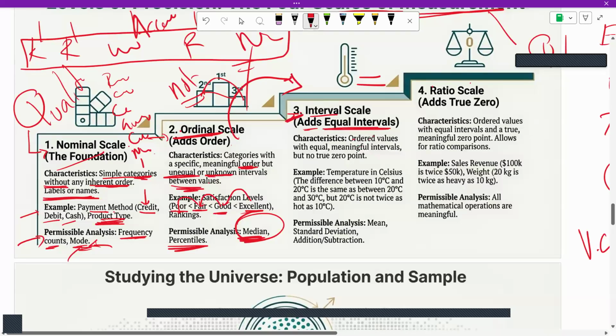Characteristics: ordered values with equal and meaningful intervals. But the point is, here there is no true 0 point. For example, the room temperature.